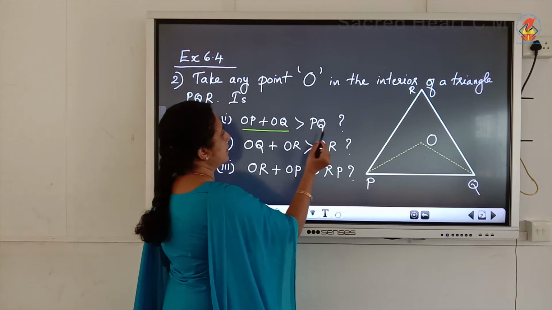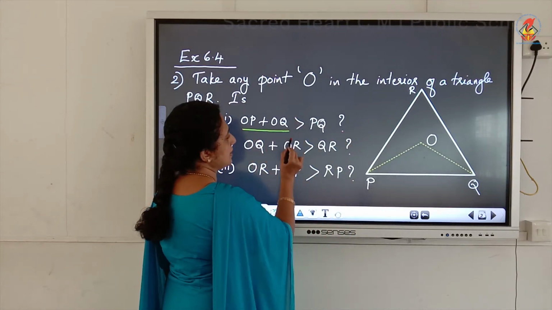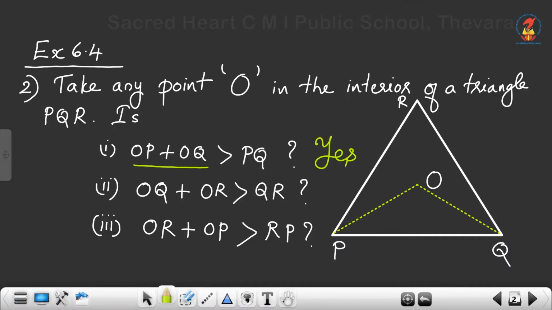So is OP plus OQ greater than PQ? Yes. So what is the reason? Sum of any two sides of a triangle is greater than the third side.